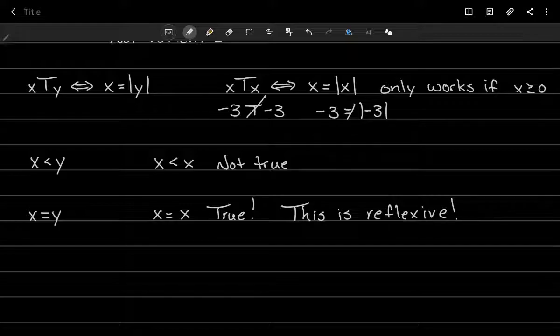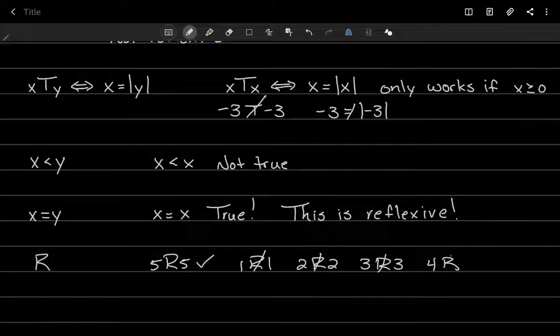All right, now let's think about R that we made up. If you look at that relation R we made up, it did have 5 in it. It did have 5 related to 5. That was okay. But it was missing all the others. It did not have 1 related to 1, did not have 2 related to 2, did not have 3 related to 3, did not have 4 related to 4.